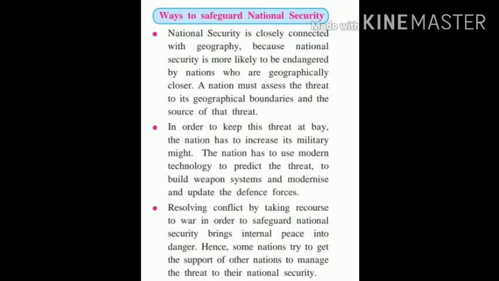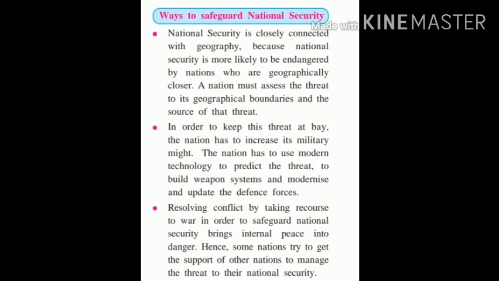Now next we are going to study ways to safeguard national security. What are the different ways to safeguard our national security, that we are going to see now. First, national security is closely connected with geography, because national security is more likely to be endangered by nations that are geographically closer. A nation must assess the threat to its geographical boundaries and the source of that threat. So the first thing is geography.